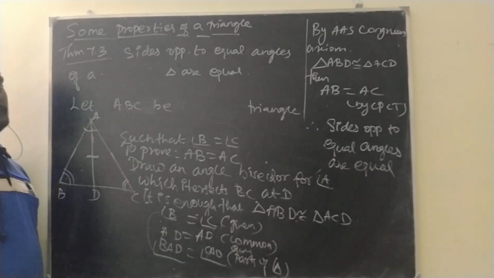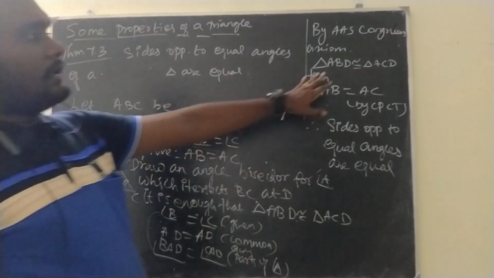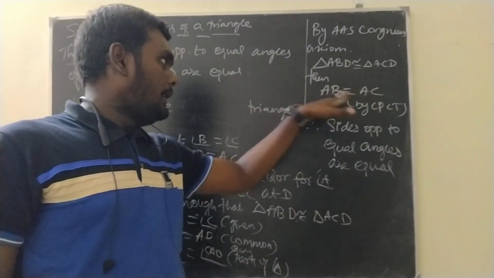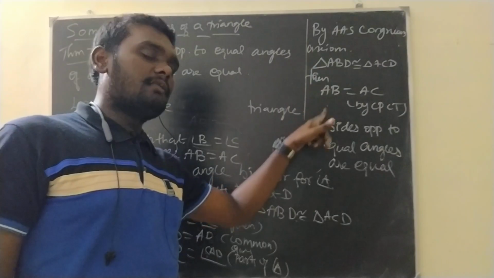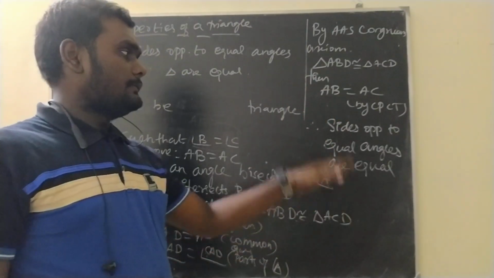All the aspects we should check. So, by AAS congruency axiom, we have proved these two triangles are congruent and the sides will become equal by CPCT, corresponding parts of congruent triangles.